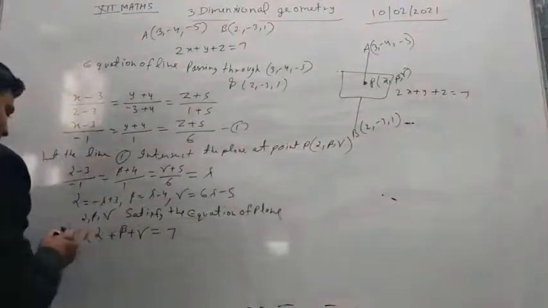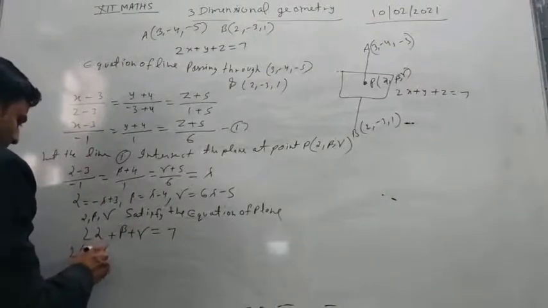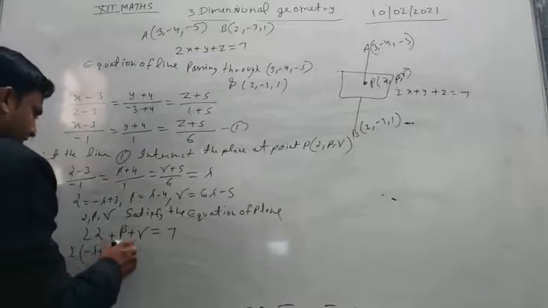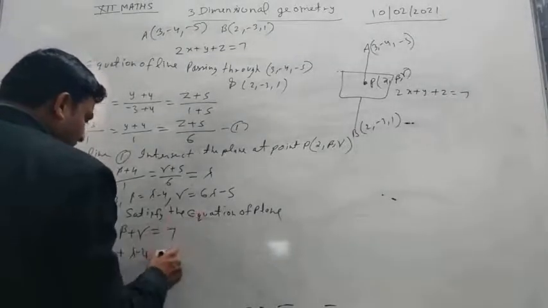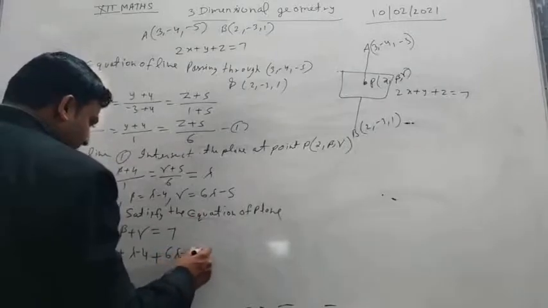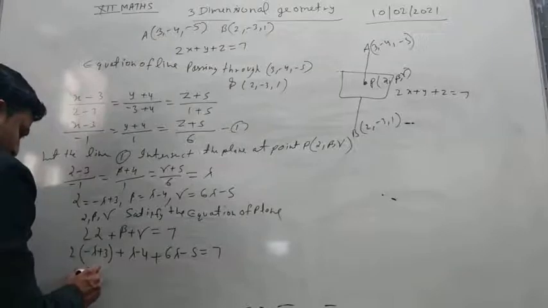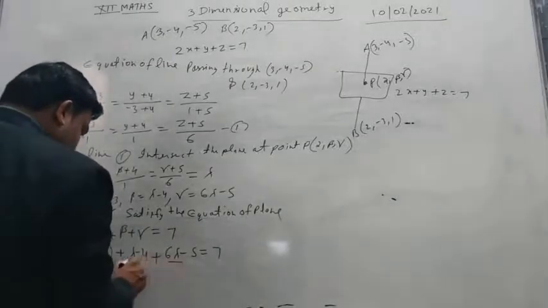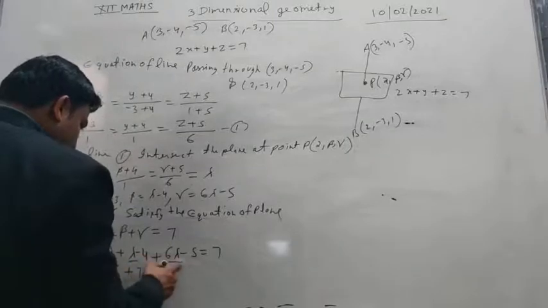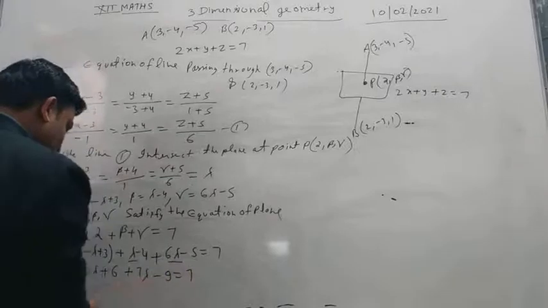So students, alpha is minus lambda plus 3, plus beta, lambda minus 4, plus gamma, 6 lambda minus 5, is equal to 7. So we write minus 2 lambda plus 6, this is 7 lambda and minus 9 is equal to 7.